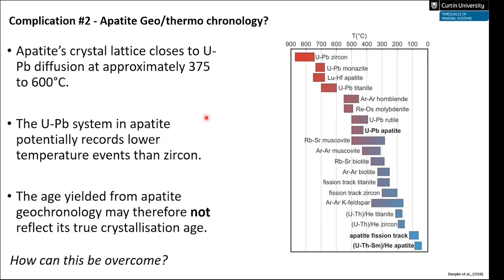So apatite compared to zircon has a lower closure temperature. So the uranium lead closure temperature of apatite may record lower temperature processes in the mid to upper crust. And natural apatite is modeled to likely close to outwards lead diffusion at approximately 375 to 600 degrees. But closure temperatures should be considered on a case-by-case basis.